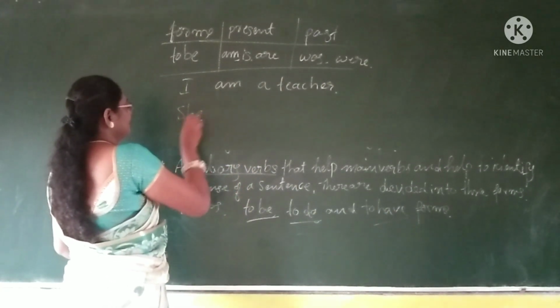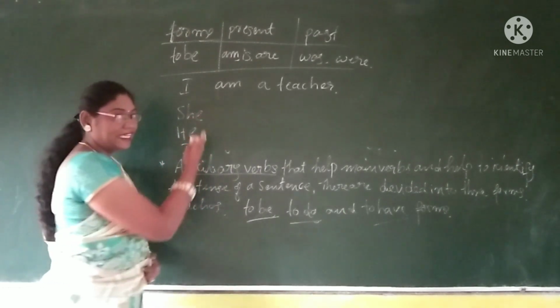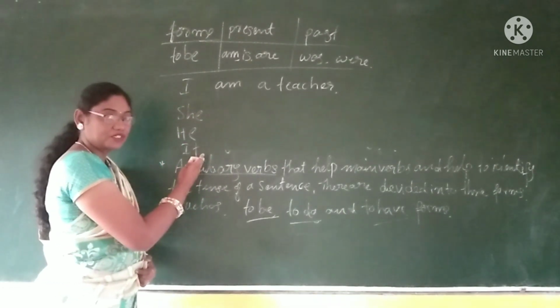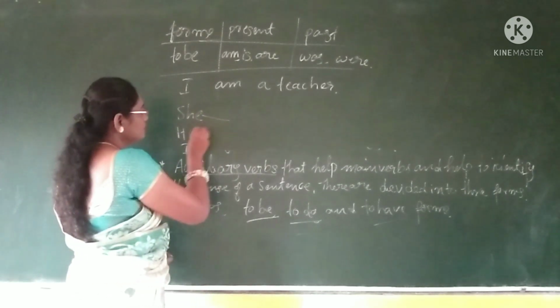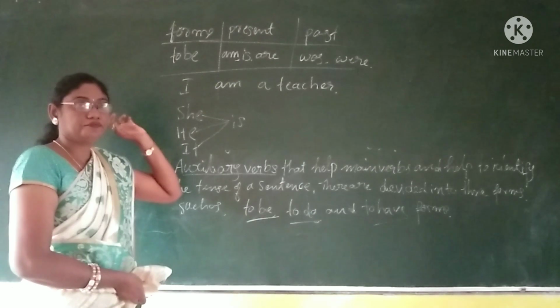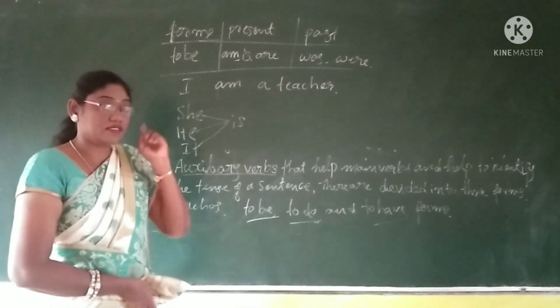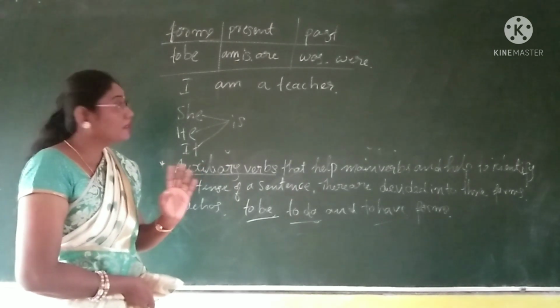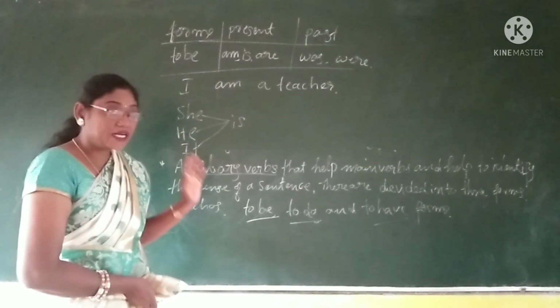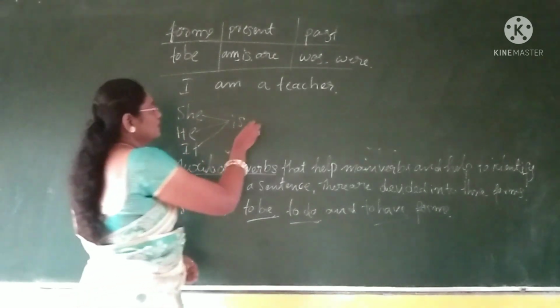She, he, and it: for these three subjective pronouns, we will use is, when the sentence is in present tense, not in past. I am talking only about the present be forms. So, she is.